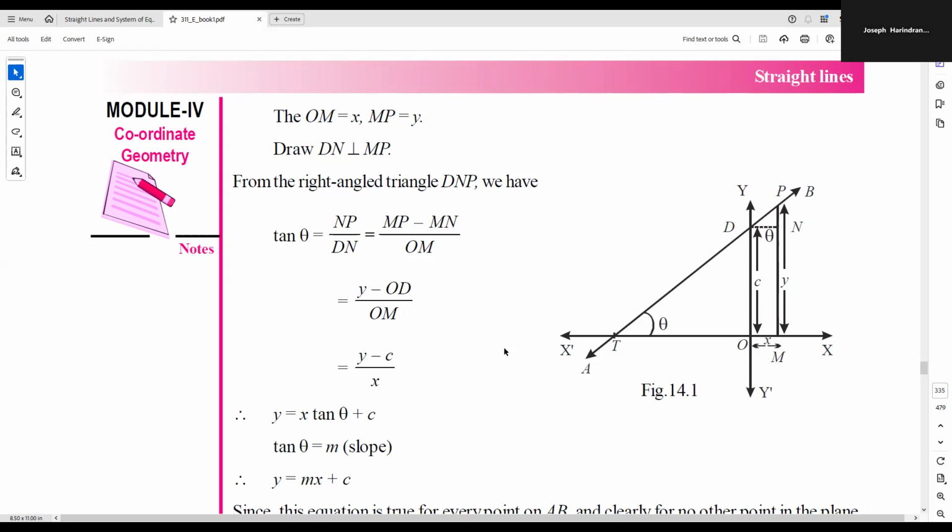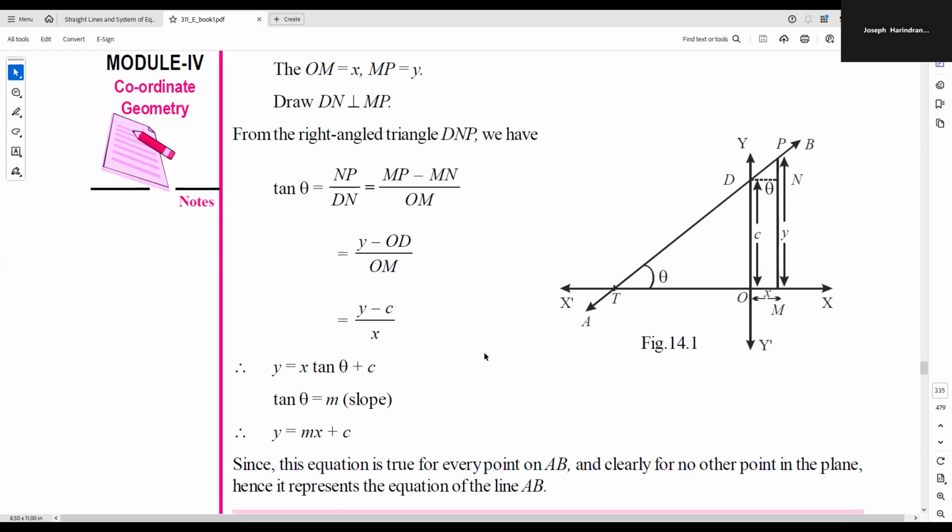It will be on the y-axis itself, where the x coordinate is 0. Other concepts we have already seen in the previous session: the system of coordinates, the Cartesian system of coordinates, rectangular coordinates. So based on that, we will proceed further to the equations of a straight line.